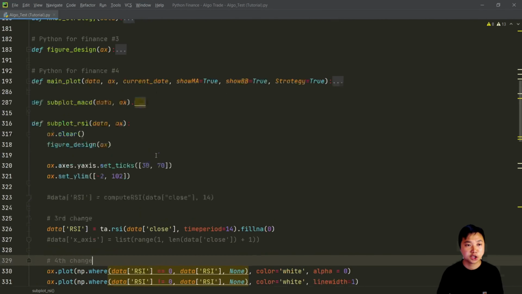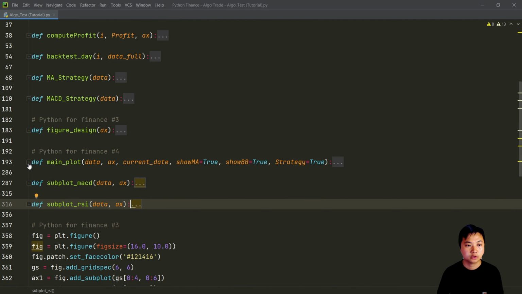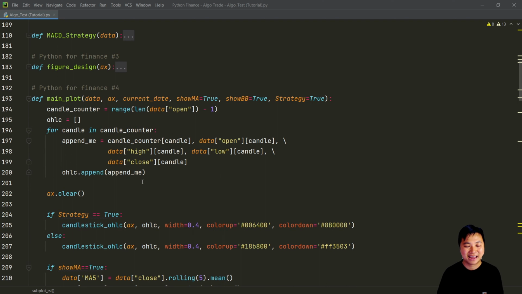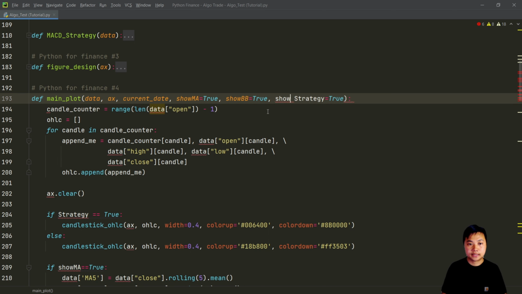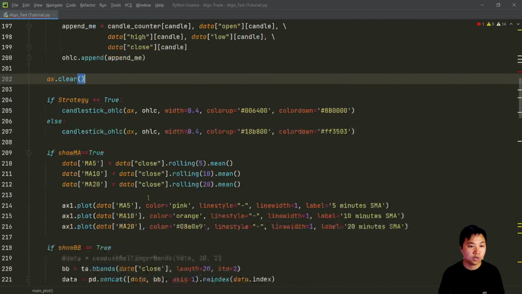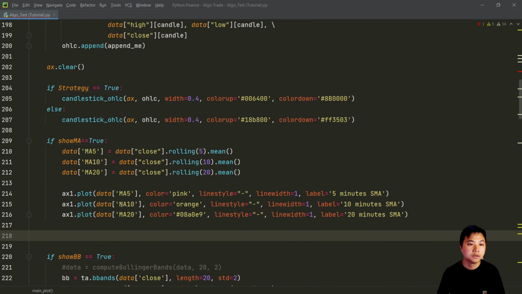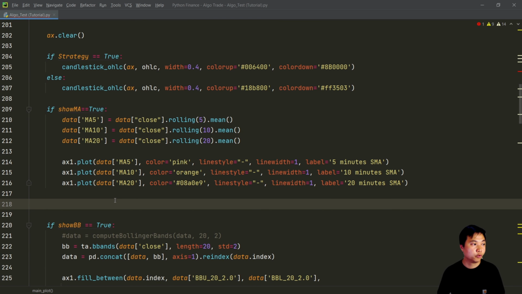The second minor change is that I find that very often we will use the exponential moving average. So in that case, I also want to add these functions that show EMA in this main plot chart, just in case there's someone who would like to add the exponential moving average, that will allow them to do so.